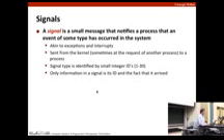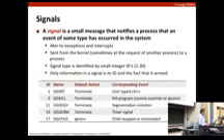Now, we say that it's a small message because the only information that's contained in a signal is its unique integer ID and the fact that it was delivered. Okay, so there's nothing else in a signal except that it arrived and that it has some unique ID. Now, examples of these are the SIGINT.